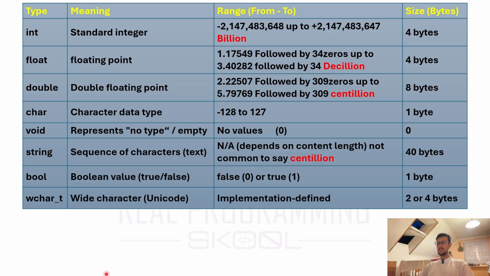We will start with the standard integer data type. Its range, as we said before, starts from negative 2 billion up to positive 2 billion, and its size in memory is 4 bytes. So it's not ideal to use standard integer with small values, because you are going to book a huge space in memory for nothing. You will ask me now, what data type should I use to store a whole number in my variable?